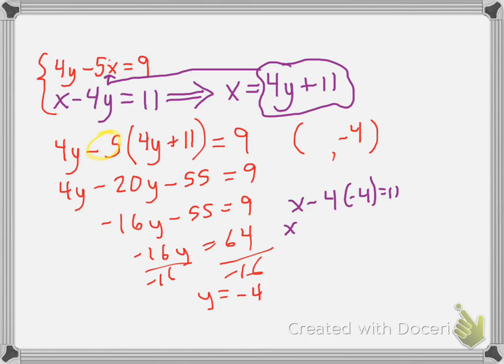This way you'll know. -16, x equals -5. So then you know that the answer is -5, -4.